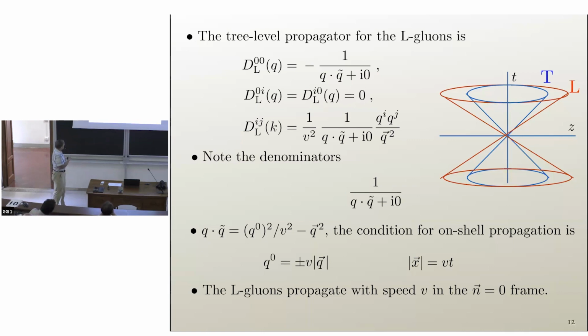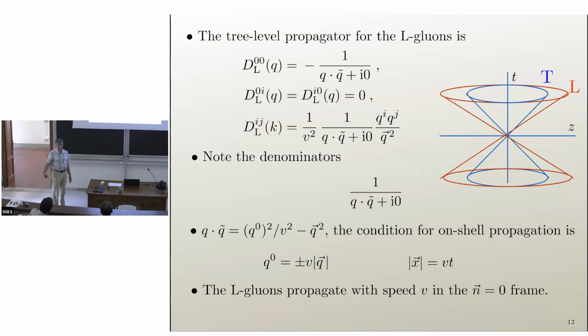What is this q·q tilde? It's q⁰² over v² minus q vector squared. So the condition for on-shell propagation is that q⁰ equals plus or minus v times the absolute value of q. That's in momentum space.